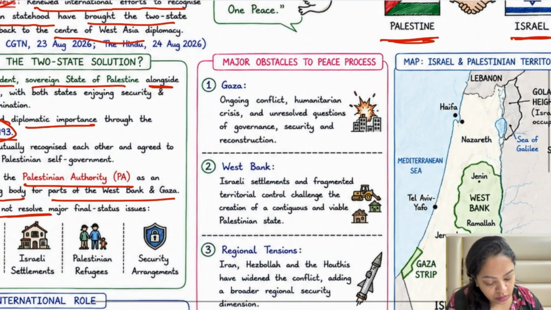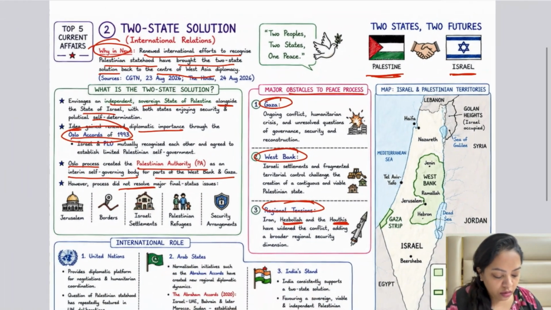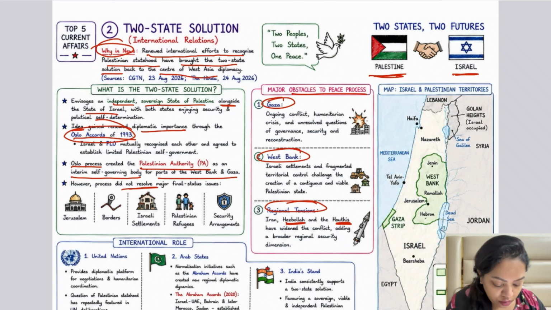Now major obstacles to the peace process: Gaza, West Bank, and some regional tensions related to Houthis and Hezbollah. So these are some issues why the international bodies have not come up with a solution to the Israel-Palestine issue.